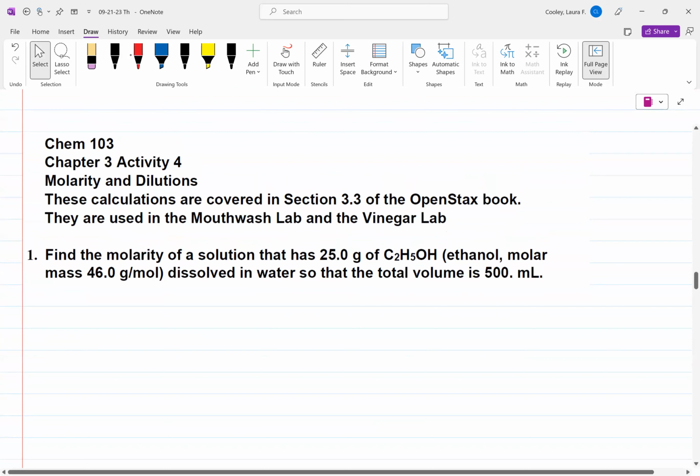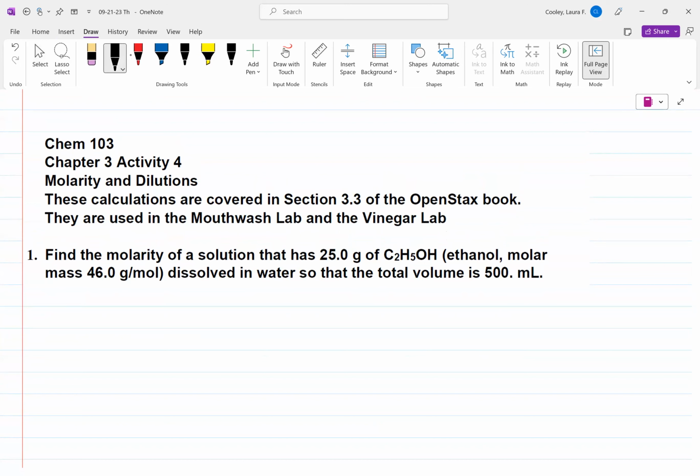So we're going to find the molarity of a solution that has 25 grams of ethanol. The reason I write it this way is because the structure is like this. You don't have to know this, but I just want to tell you.